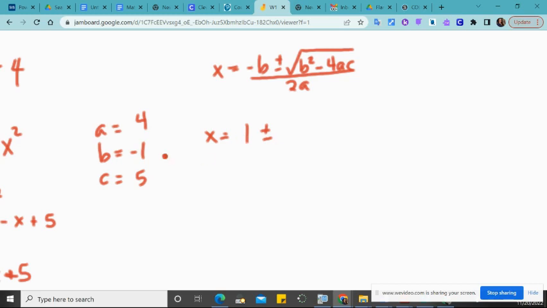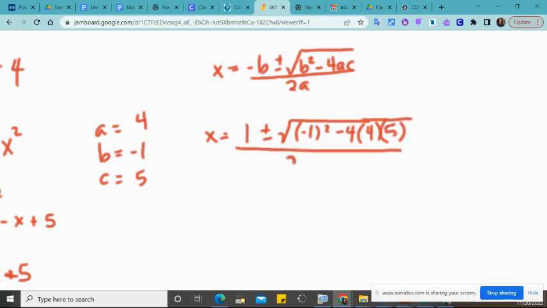Okay, so negative b is negative 1, a positive, plus or minus, square root. B squared, negative 1 after I square it, minus 4 times whatever a is, which is 4, times whatever c is, which is 5, all over 2 times whatever a is, which is 4.